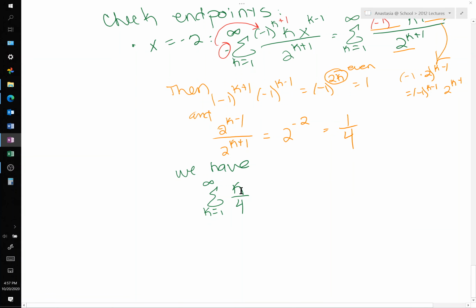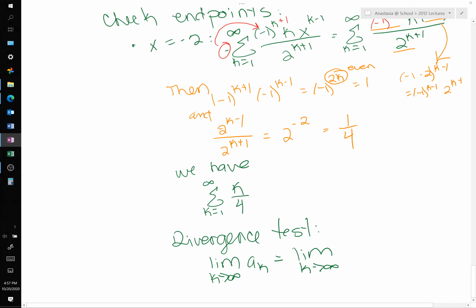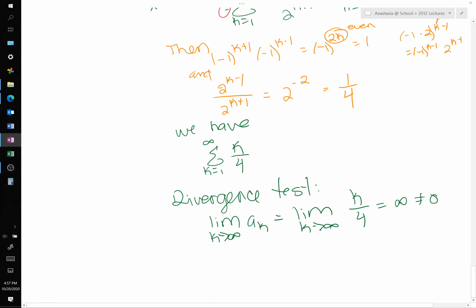So now we need to think about the different series tests that we have. The easiest one to apply here is going to be the divergence test, or the test for divergence. So if we look at the limit as k goes to infinity of the kth term, that's going to be the limit as k goes to infinity of k over 4, which is going to be infinite, which is definitely not equal to 0.